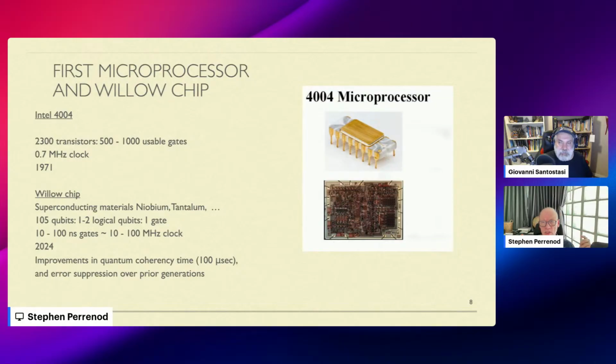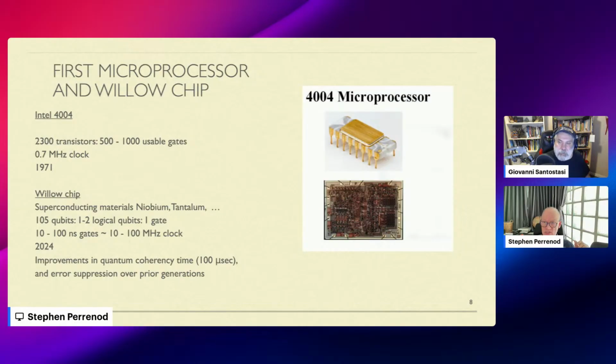Their clock was quite slow, 0.7 megahertz. The Willow chip, you can't make it just out of silicon. You need very exotic superconducting materials like niobium and tantalum and others. They're now at 105 qubits, but from that, they can get 1 or 2 logical qubits at a certain level of noise. And that only can be 1 gate at most. So instead of 1,000 usable gates, 1 gate.